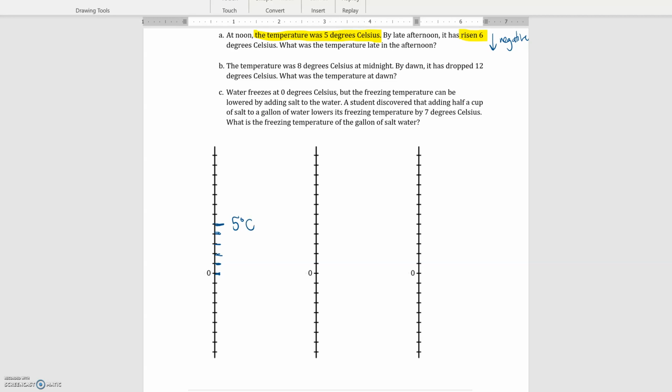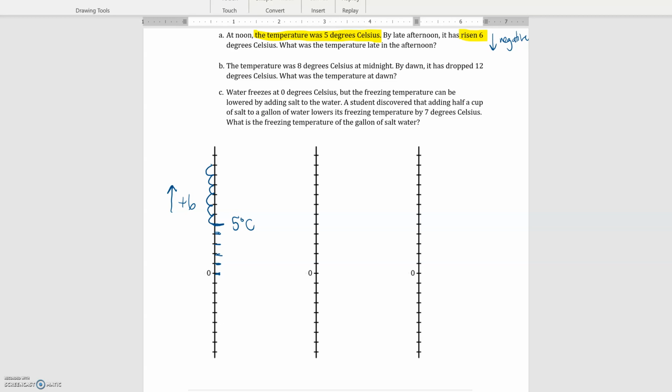I also saw that by the afternoon, the temperature rises 6 degrees. I know that rising means it's going to become bigger, and we know that going up is positive. So I'm going to count up 6 units from 5. 1, 2, 3, 4, 5, 6. And I'm going to label that with an arrow going up and writing the number +6 because we're rising by 6.